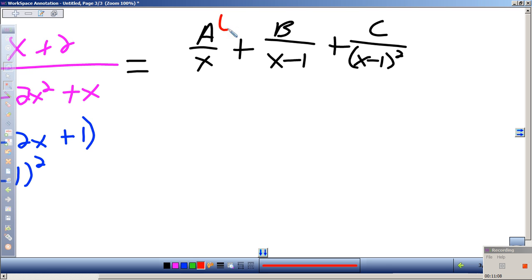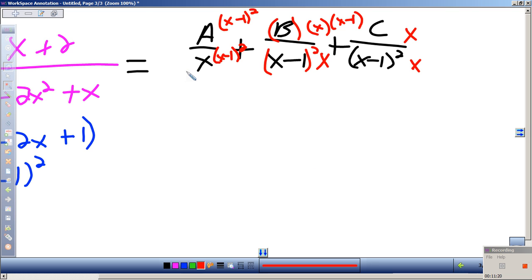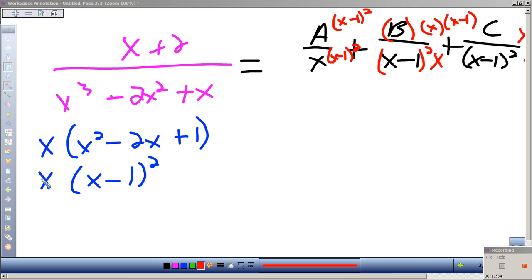Common denominator. So this is going to multiply by x minus 1 squared. This one we're going to multiply by x and x minus 1. We only have an x here, and we need to get an x minus 1 squared. We want the same denominator as we had over here.